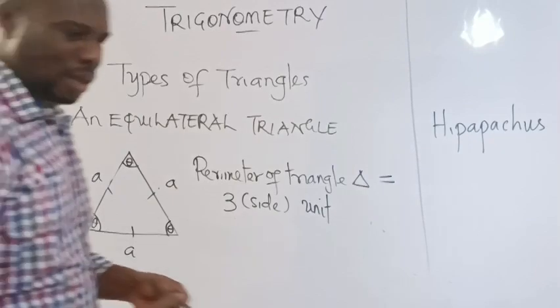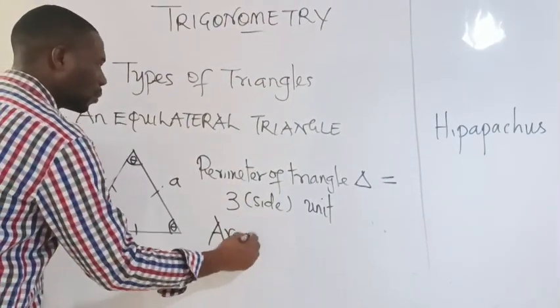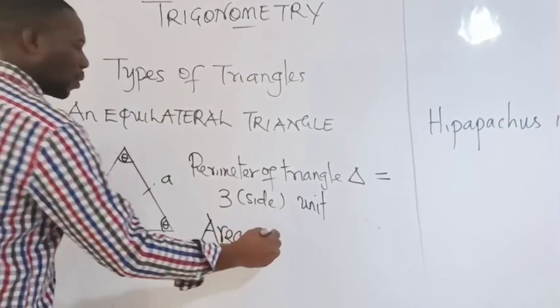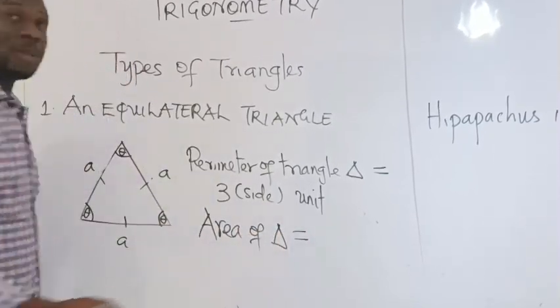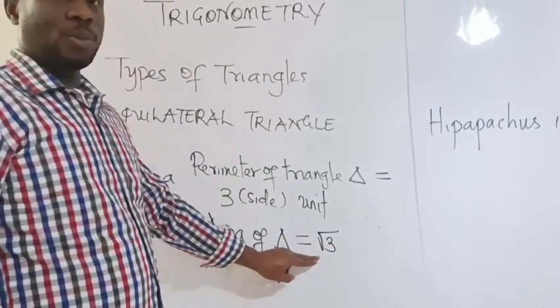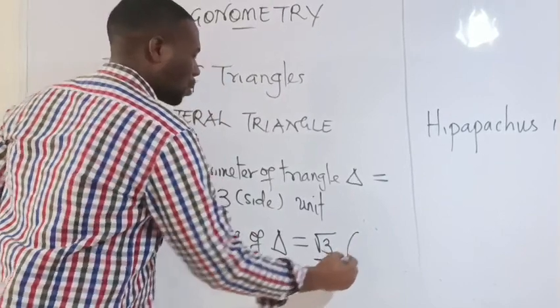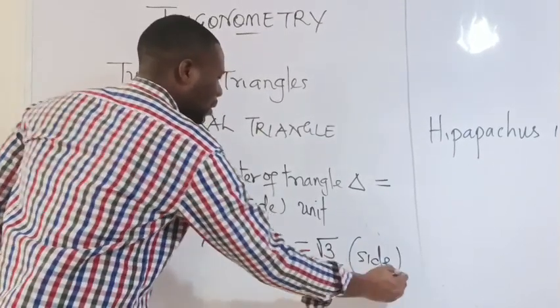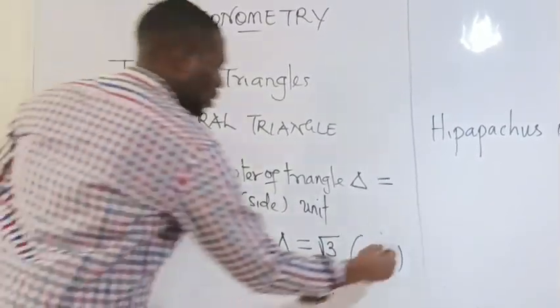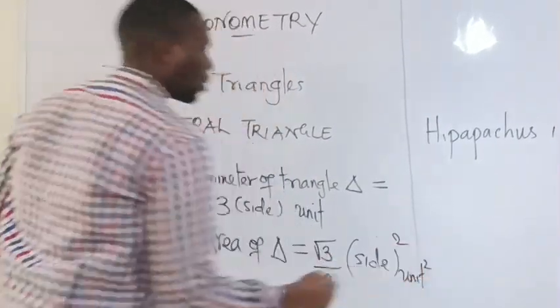Alright, so let's talk about the area now. The area of an equilateral triangle is given by this formula: the square root of 3, which is the same as 1.732, divided by 4, times the value of the side raised to power 2, and this will be in square units.